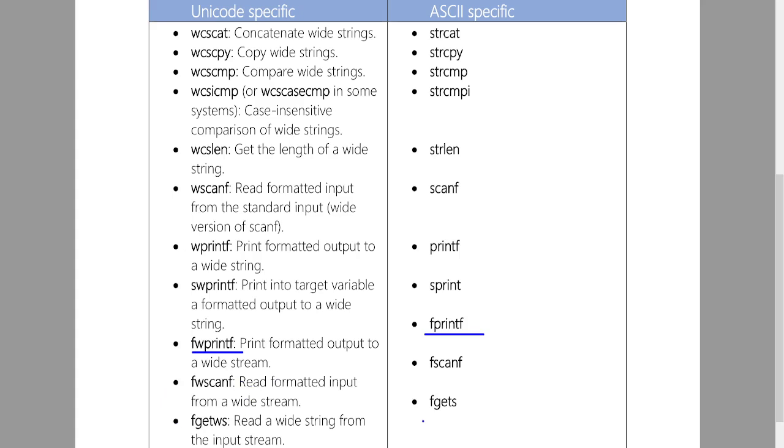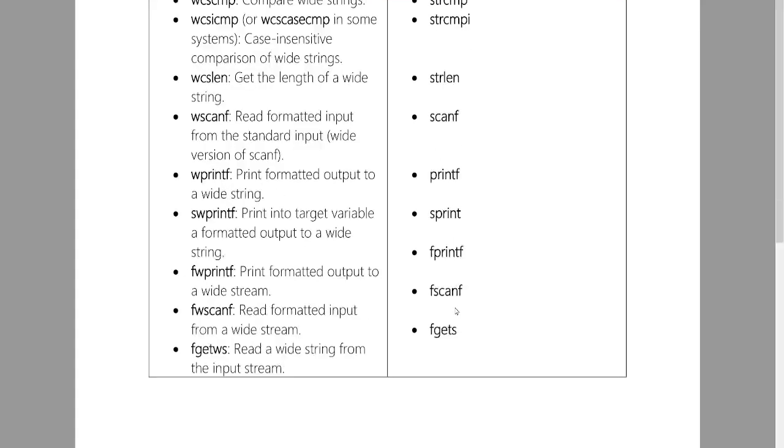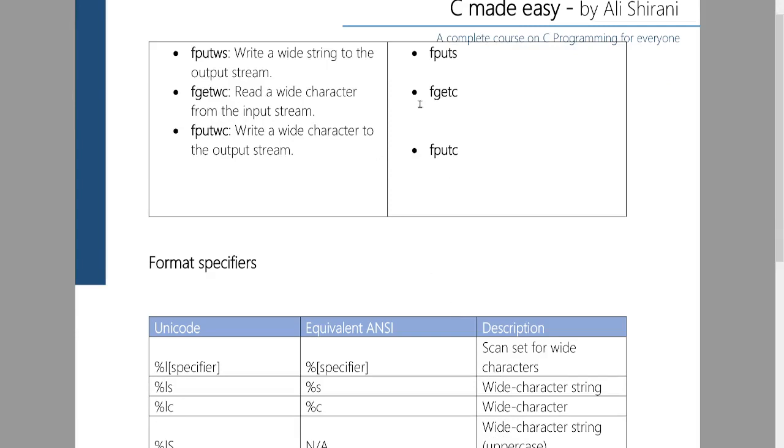And fgets, to get a string, are functions that we are going to use extensively in our student database project. The equivalent of fgets is fgetws. This does not follow the rule exactly, but you'll have to remember it if we need it in the future.